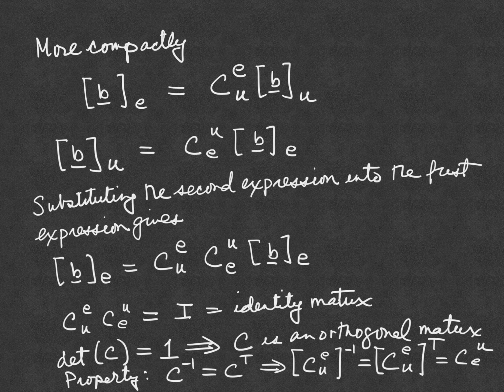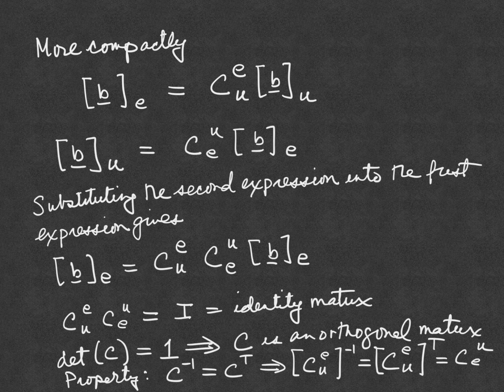It makes it easy to go back and forth. If we want the transformation from E to U, we just take the transpose of the transformation matrix from U to E, and we get the inverse transformation.